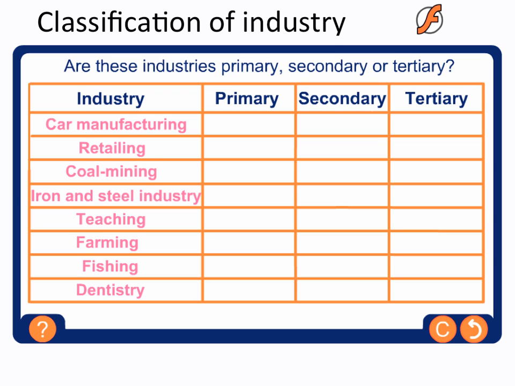Car manufacturing would be secondary, retailing would be tertiary, coal mining would be primary, iron and steel industry would be secondary, teaching would be tertiary, farming would be primary, as would fishing, but dentistry would be tertiary.